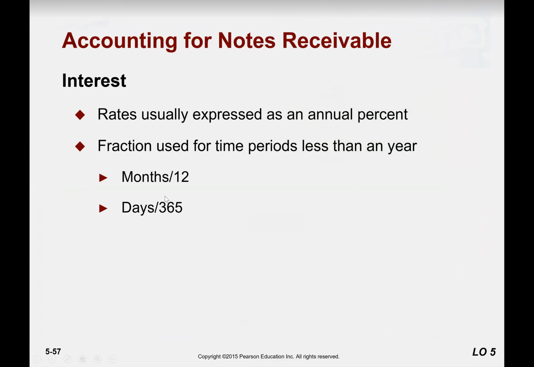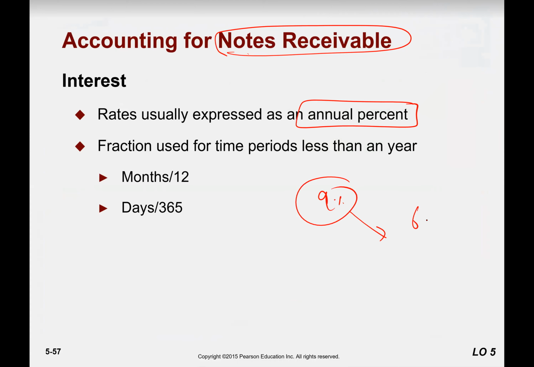Okay. So accounting for note receivable, number one, rates are usually expressed in annual percentages. Remember, this 9% doesn't mean that you are given 9% for 6 months. It means 9% for a year. If it is for 6 months, then multiply by 6/12. That's it, unless the question specifically mentions that this 9% is only for 6 months.